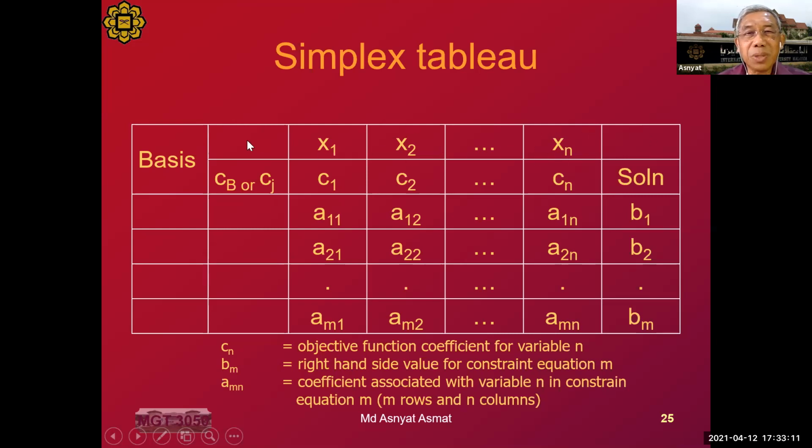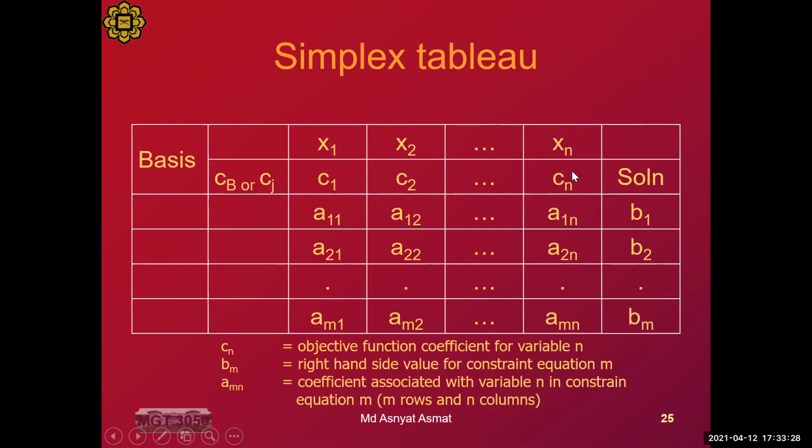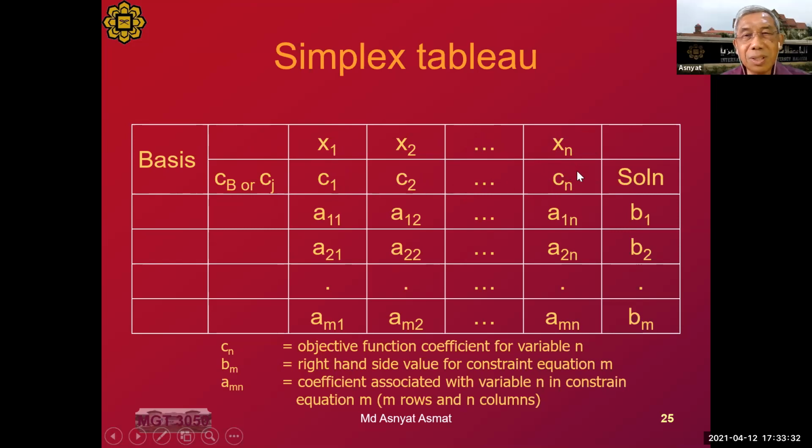So at the top are the variables. And then we have the coefficients of the objective function written here. We call it C row, C1, C2, C3, C4, C5, and until Cn.